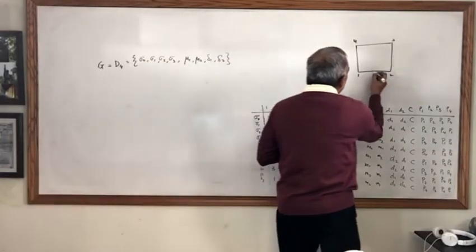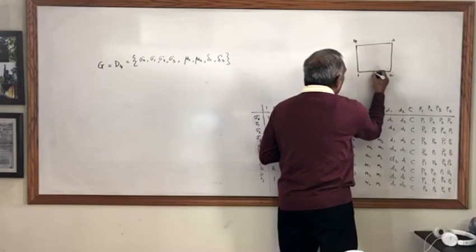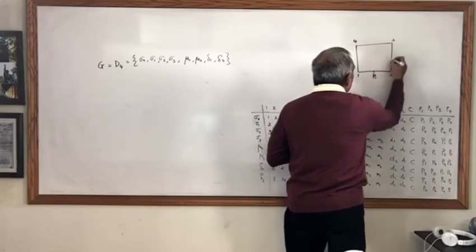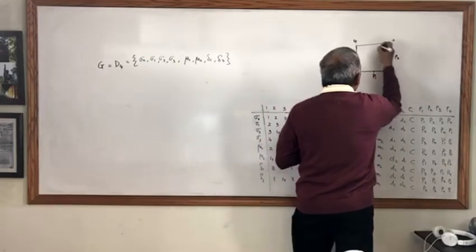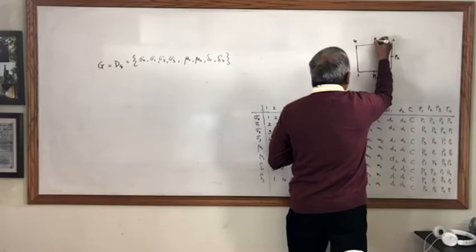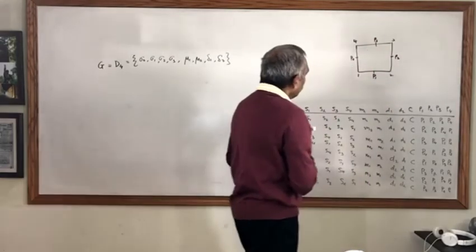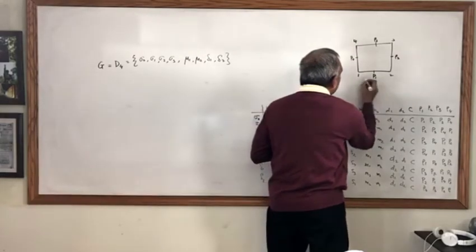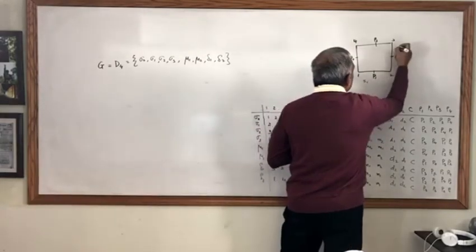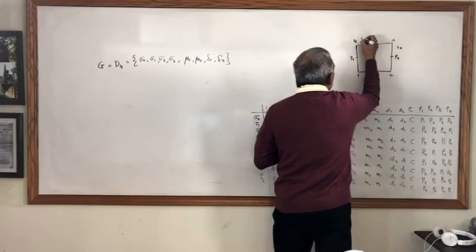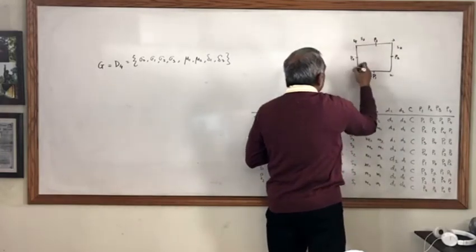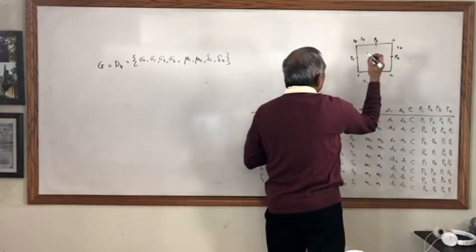And the midpoints of these sides are marked as P1, P2, P3 and P4. And this side is S1, this side is S2, this side is S3 and this side is S4.